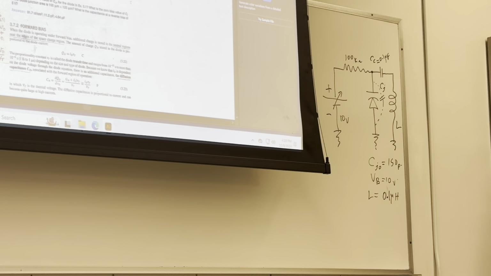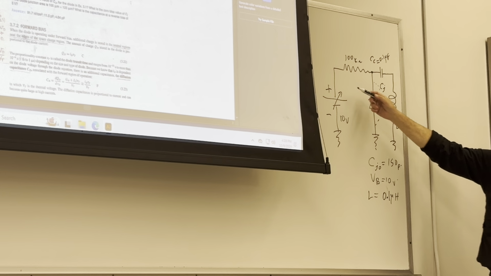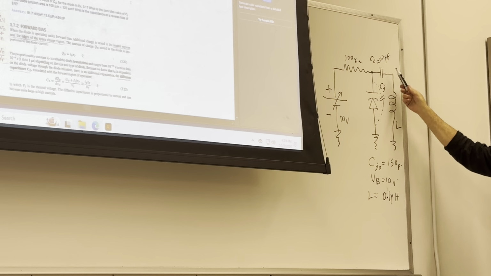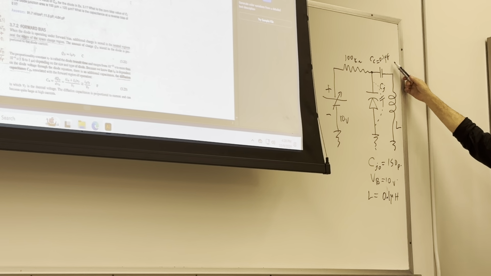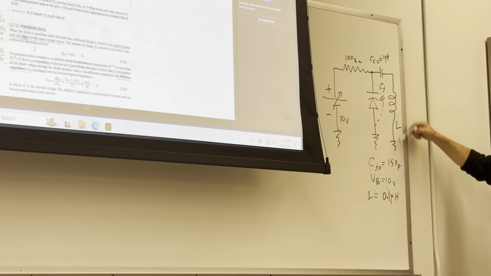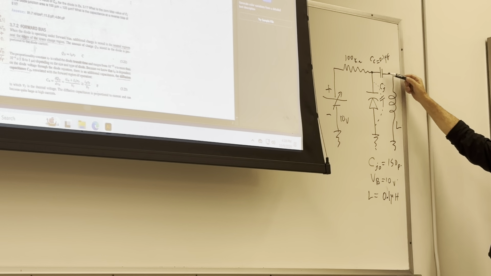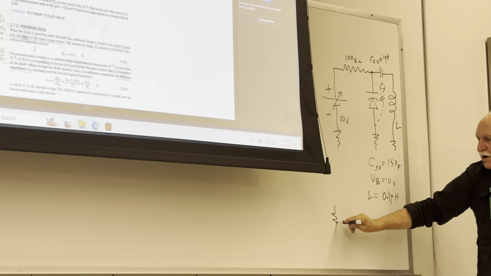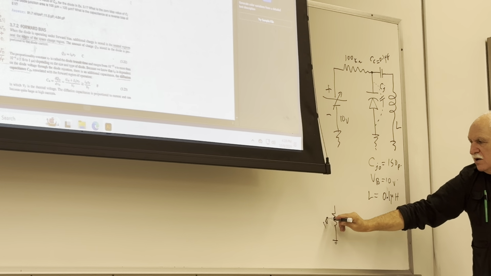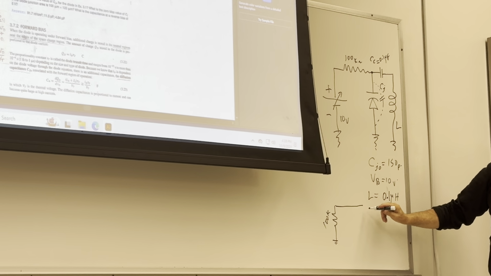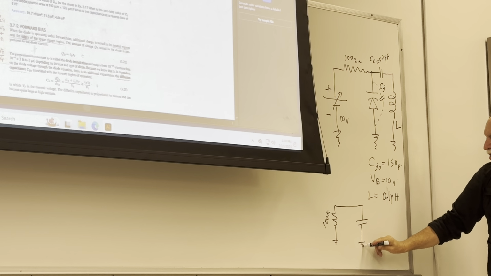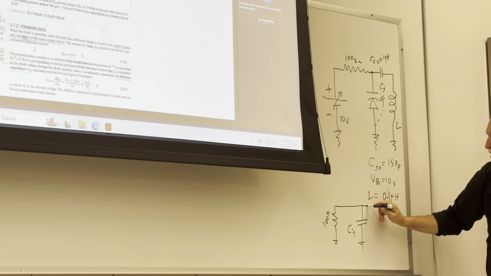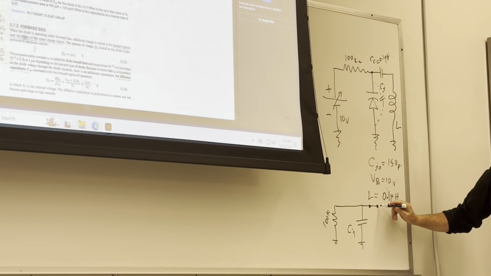The small signal equivalent circuit of this thing, what do you think it is? You put DC voltages to short. You put very large capacitors to short; look, 0.1 microfarad, and this is only 150 picofarad, right? So you put that one into short. So your circuit looks like 100K, Cj, Cc is a short.